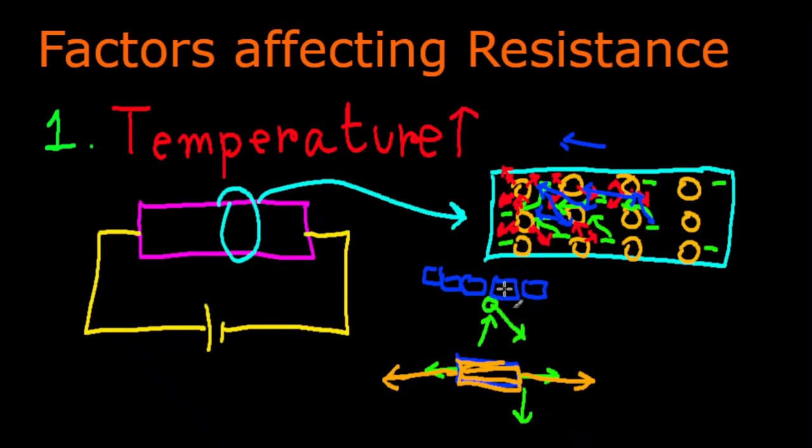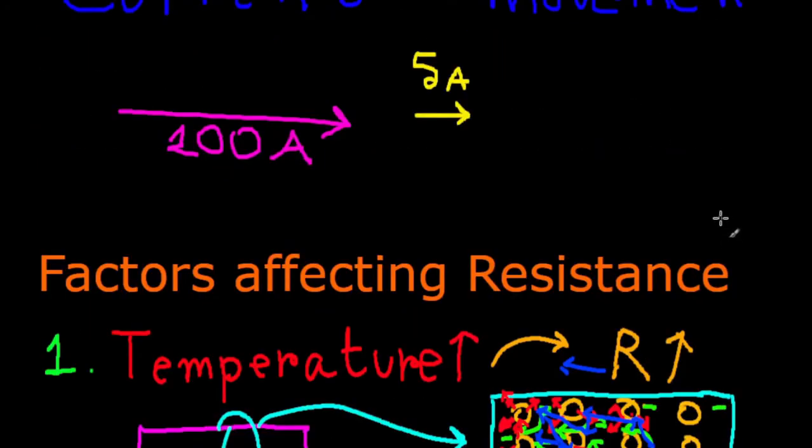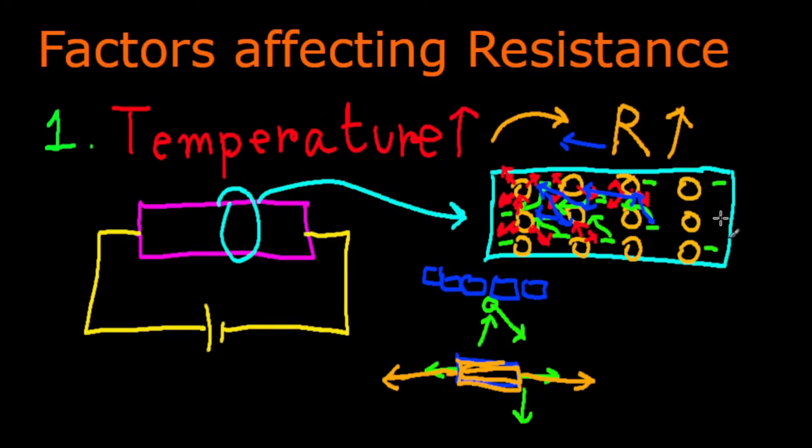The current would get impeded a lot more. So your current, the electron flow, is getting resisted more. That's why naturally, as we see, if my temperature is higher, my resistance R increases.